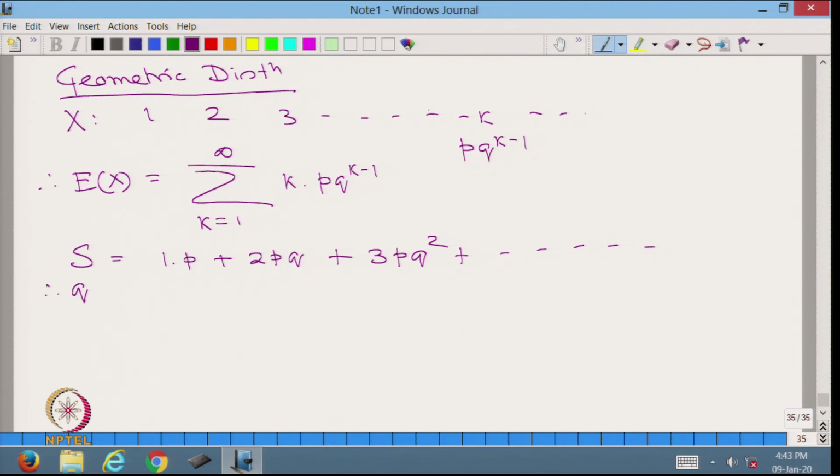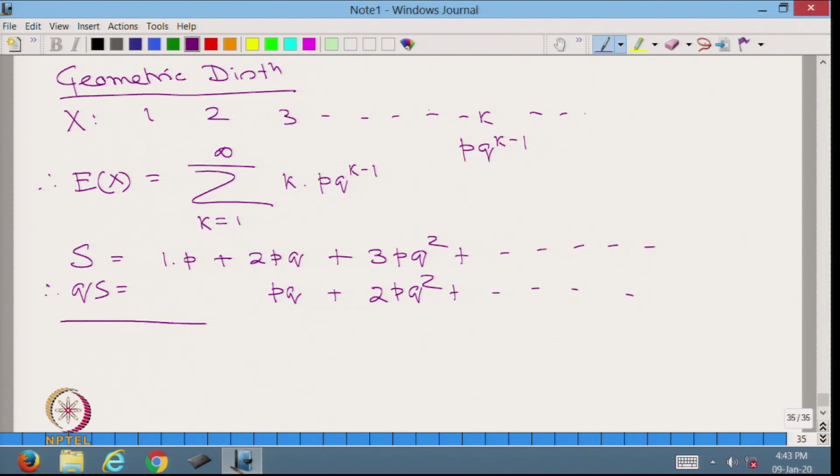Therefore, q times S, let us write by shifting one position to the right: it is p times q, 2 p q times q squared, therefore 2 p q squared, and so on.